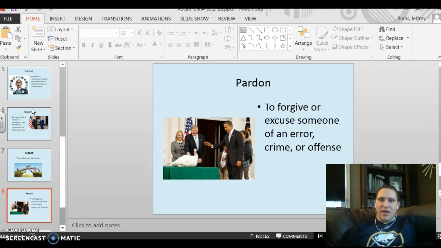It's usually not something major like terrorism or murder. It's usually minor drug offenses or some kind of political crime or embezzling money, something minor that didn't affect or hurt a lot of people. So that's a pardon. That's one of the things the president can do as a check over the other branches.